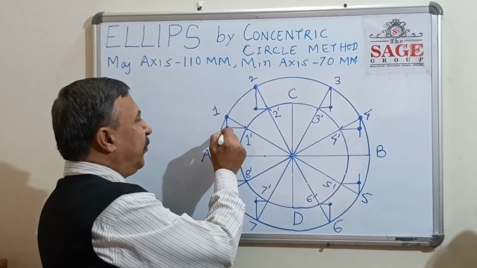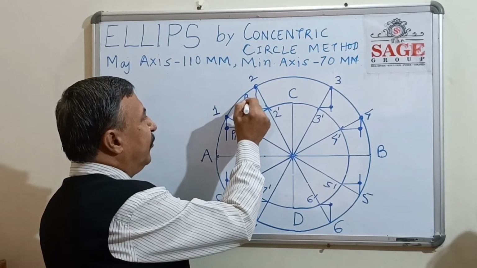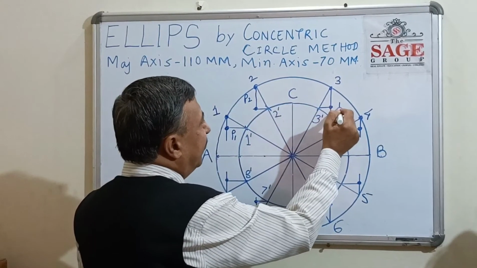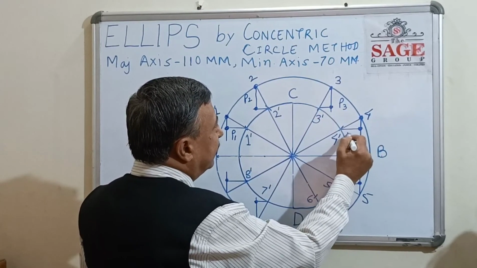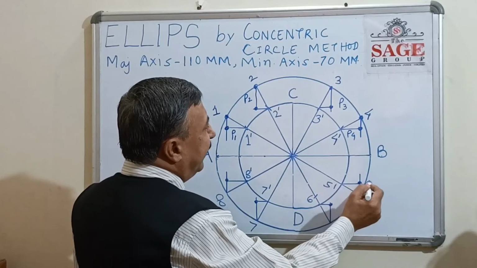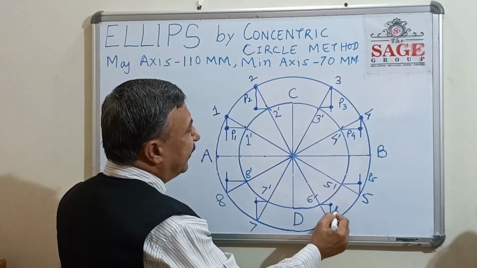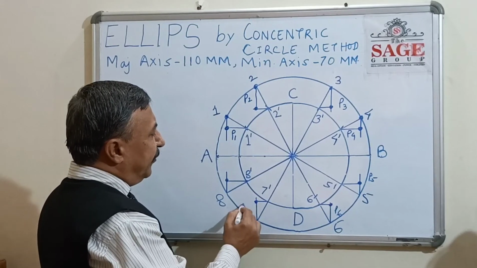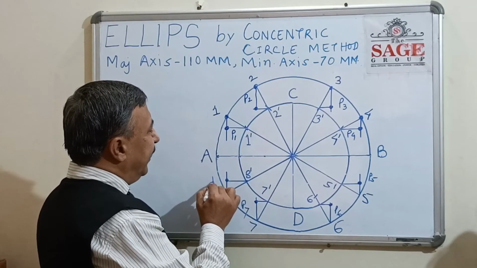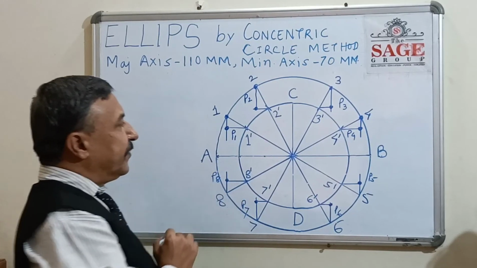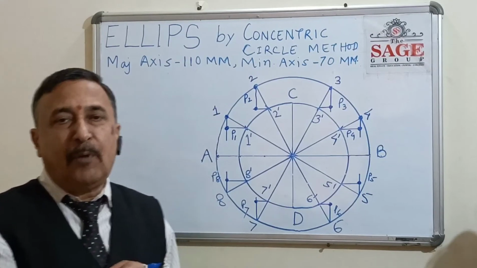This point is P1, this point is P2, this is P3, this is P4, this is P5, this is P6, this is P7, and the last point is P8. In this way, give numbers to all points.